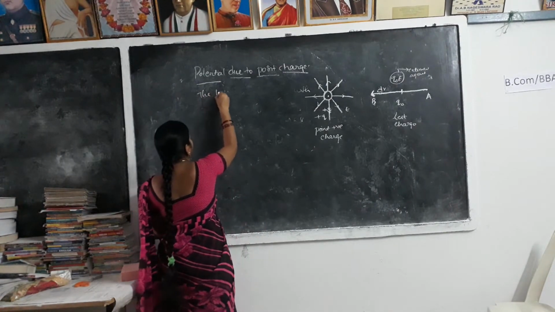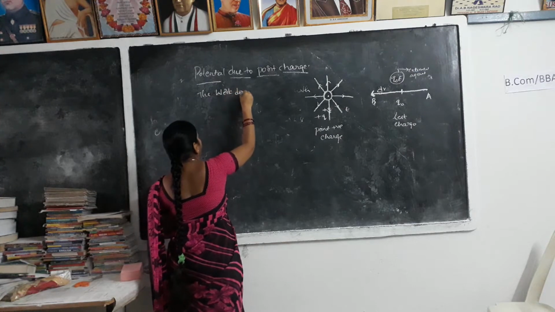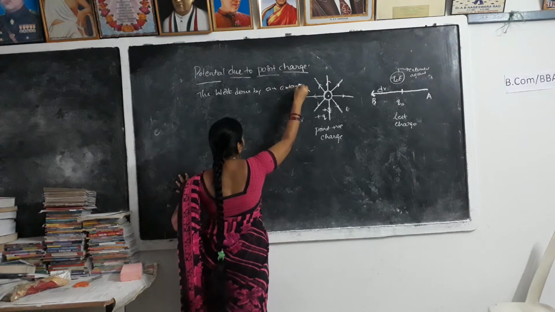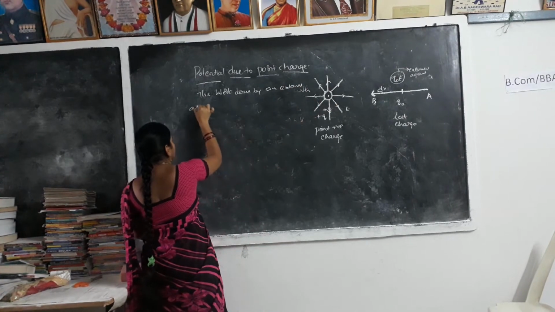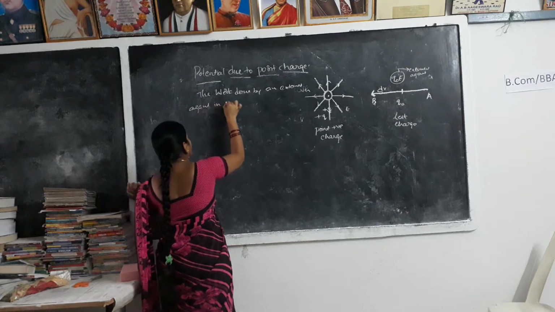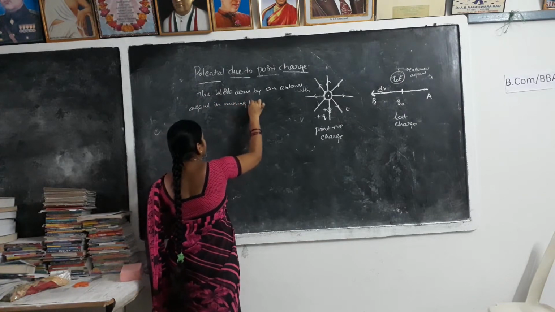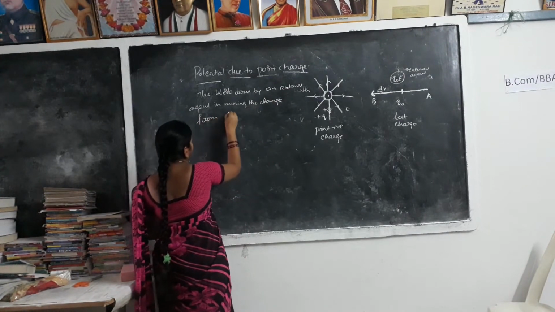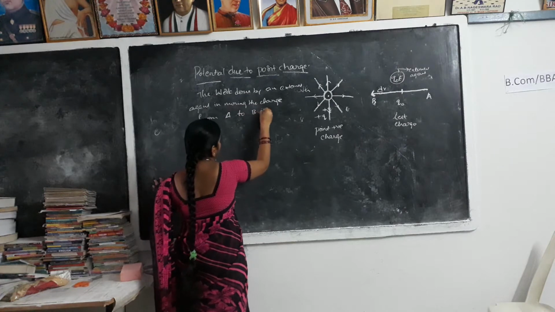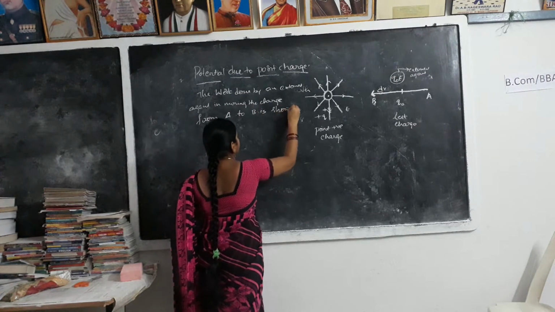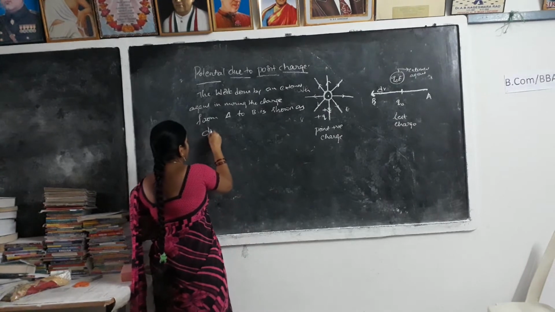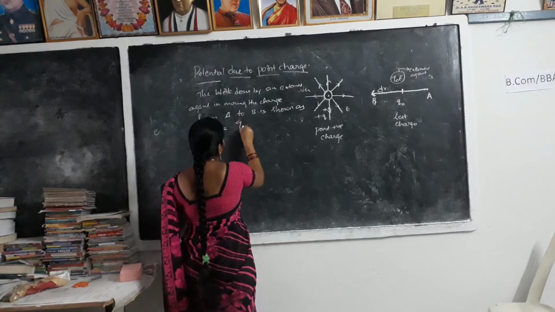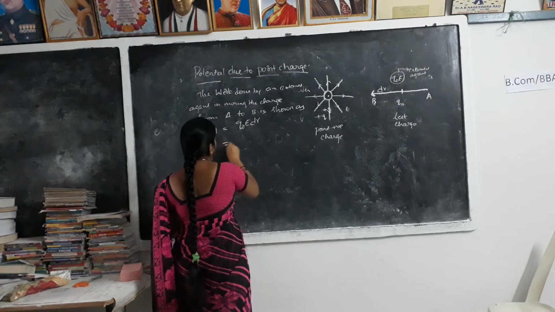The work done by an external agent, here what is the external agent? Q naught E. The external agent in moving the charge from A to B is shown as dW equals Q naught E dr. Right?